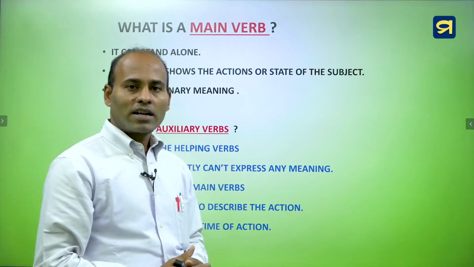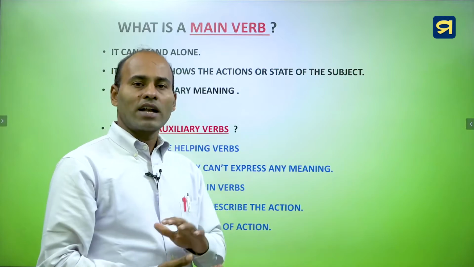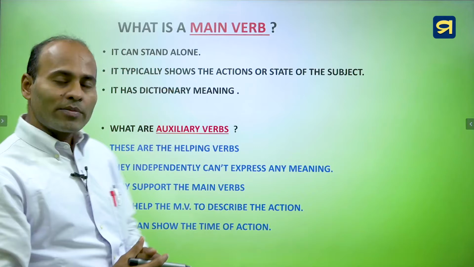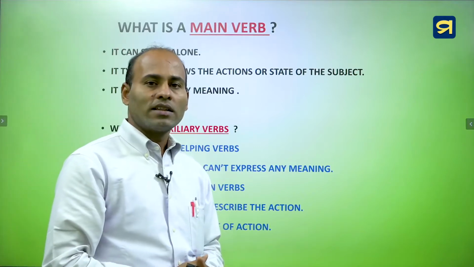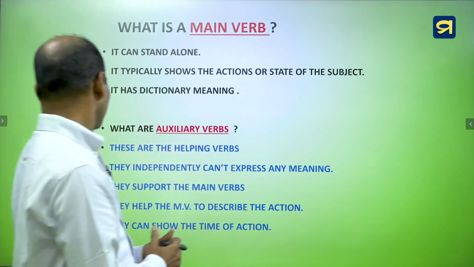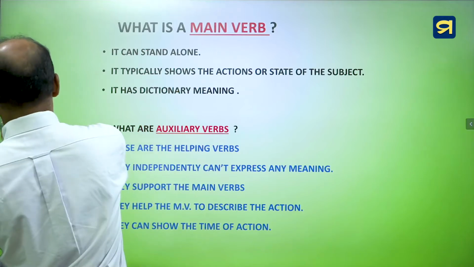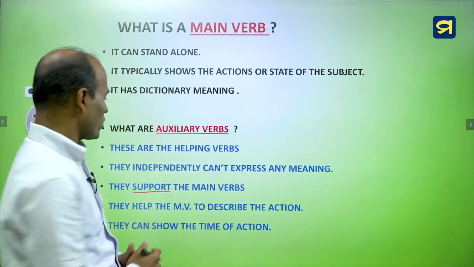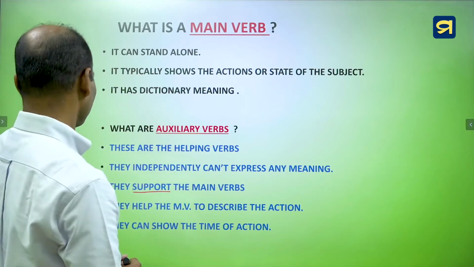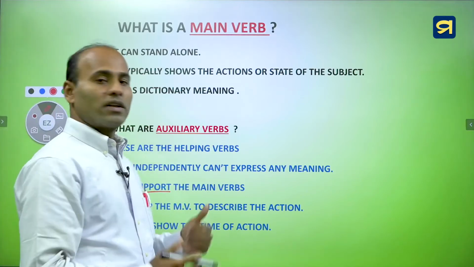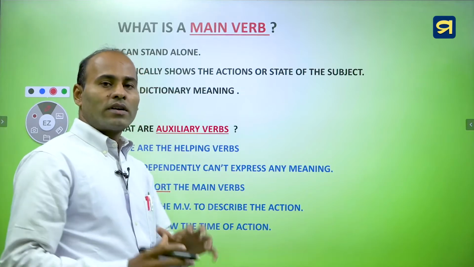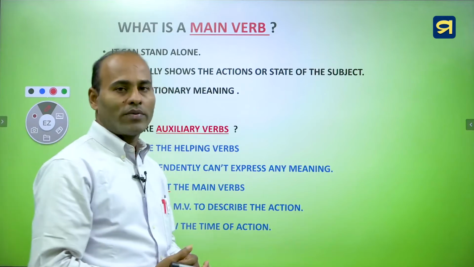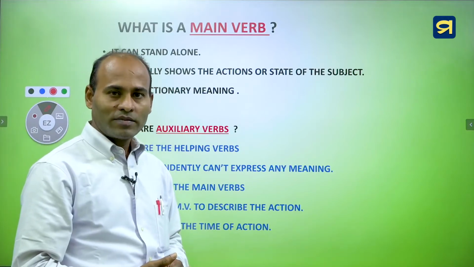They can't stand alone. They are incapable of expressing their own meaning. They support the main verbs. They help the main verb describe the action, and they can show the time of action. Are you clear? Very good.